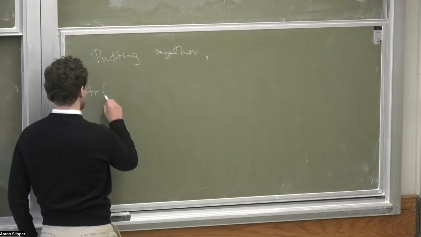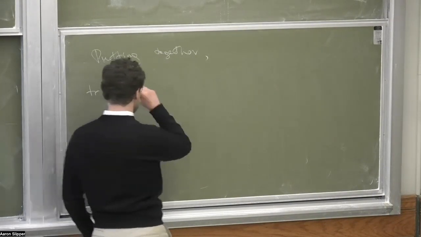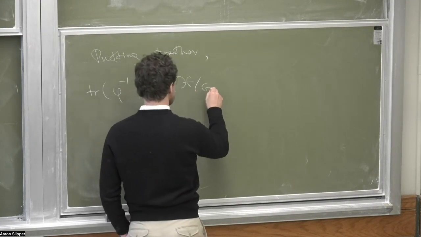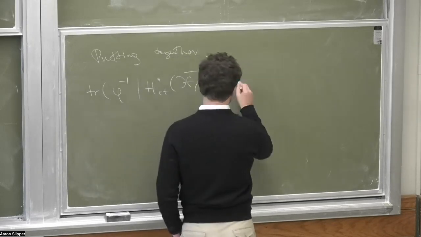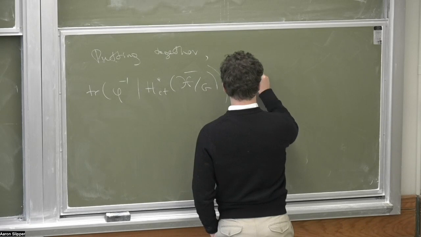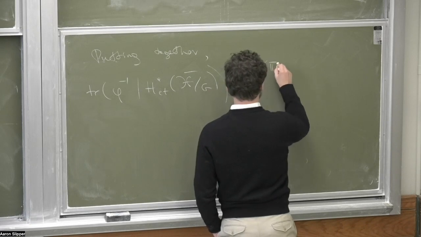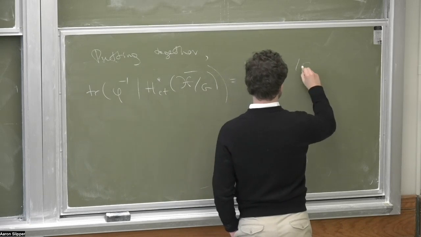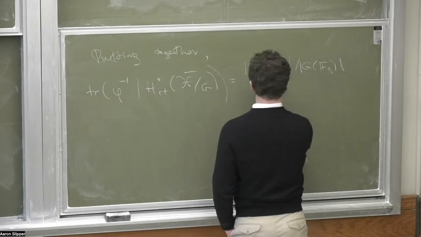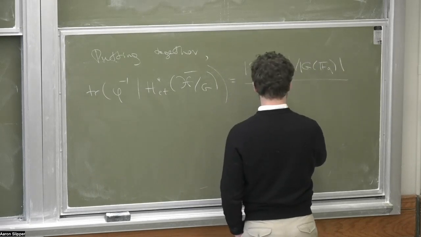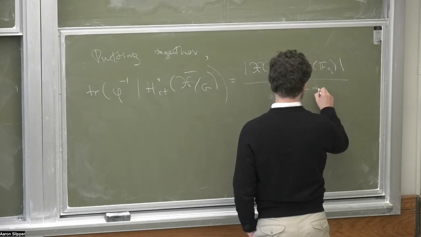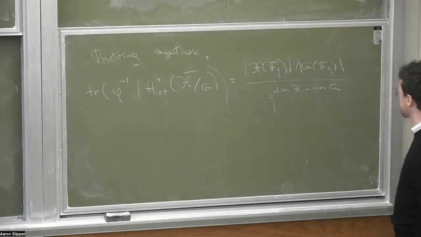the trace of geometric Frobenius acting on homology is given by the following. I'm going to have q divided by q to the power of dimension difference.